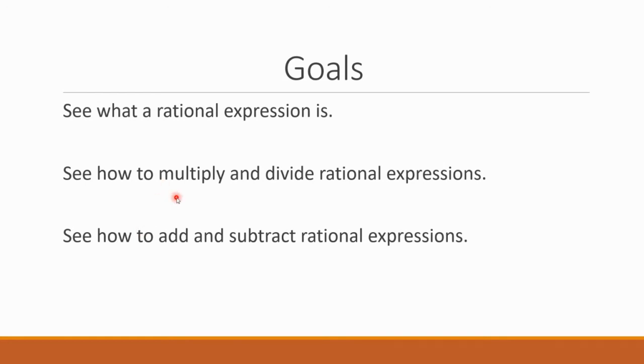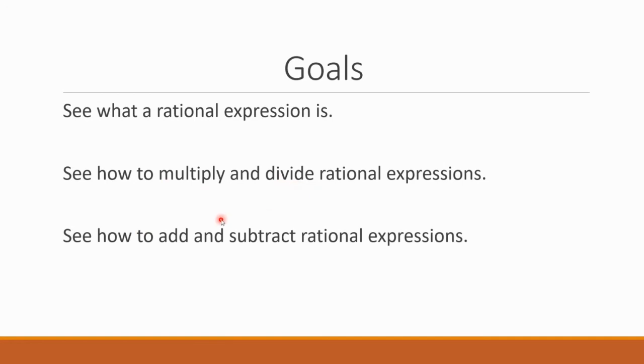Now, just like with fractions of integers, rational numbers, we can multiply and we can divide them. We can do the same thing with rational expressions. And in fact, you'll see the procedure is actually the same. So you'll see what I mean.